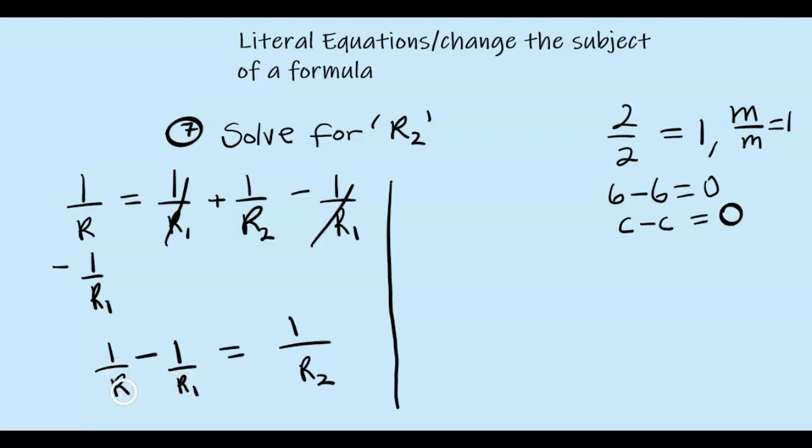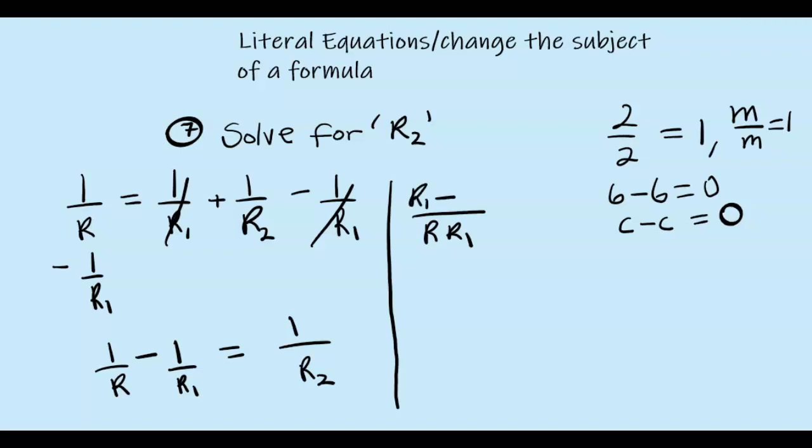Now here is a fraction, so if you remember our crisscross, we will multiply the denominator and then we will crisscross alongside. So here we will multiply the denominator and then we will cross multiply 1 times r1, that gives us r1.